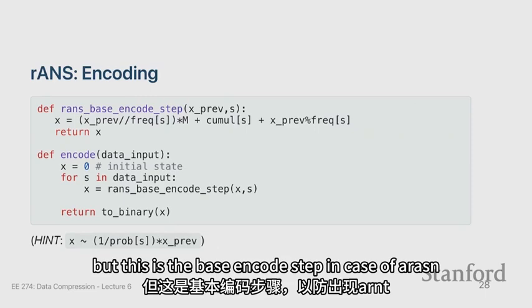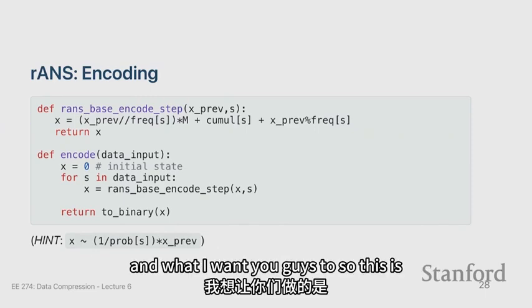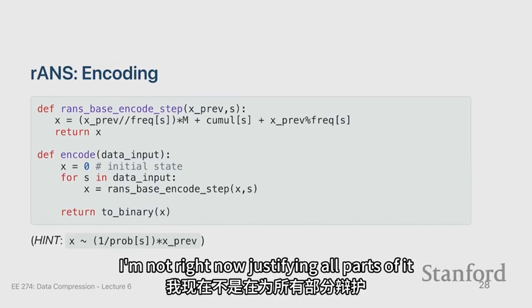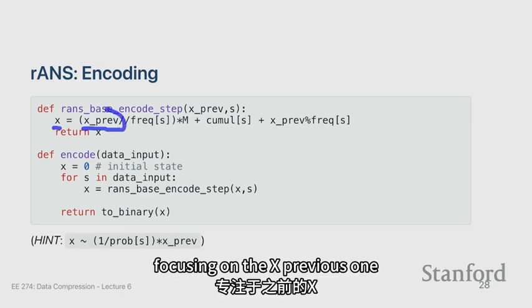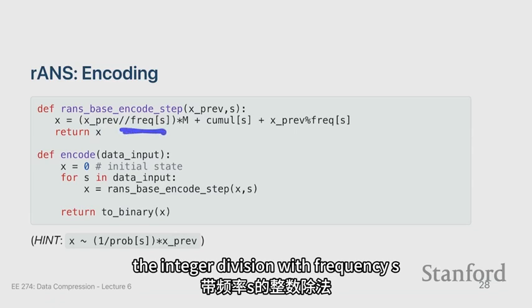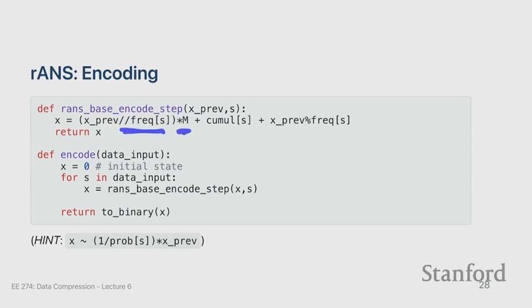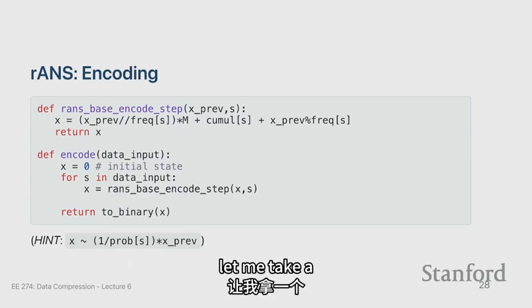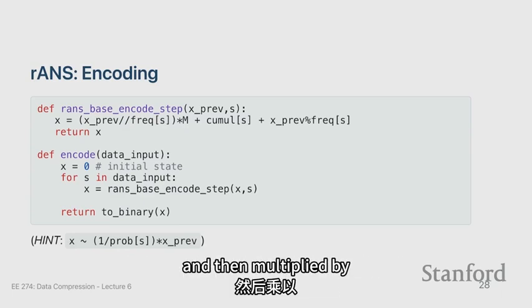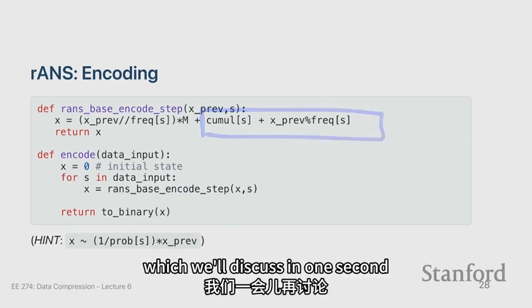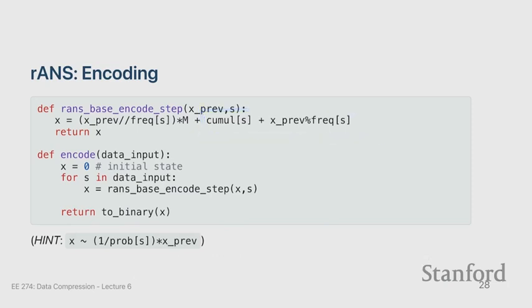But this is the base encode step in case of RANS. I'm giving it to you, and I'm not right now justifying all parts of it. But if you look at the part which is just focusing on the X previous, we are taking the integer division with frequency S and then multiplying by M. Exactly what the student suggestion was: I need to divide by probability, so let me take the integer division by Fs and then multiply it by M. And then we add a bunch of other stuff, which we'll discuss in a second.